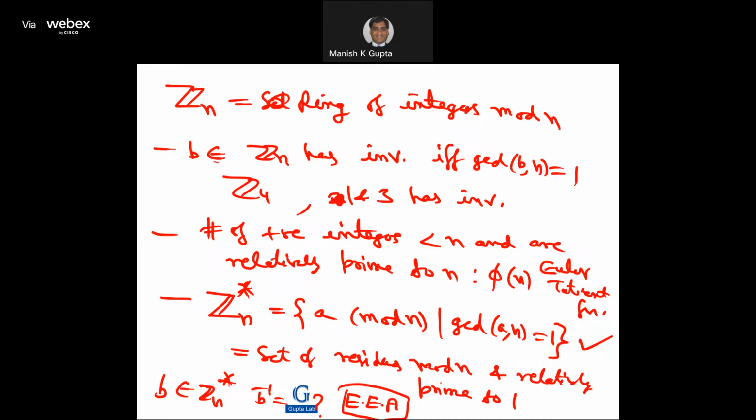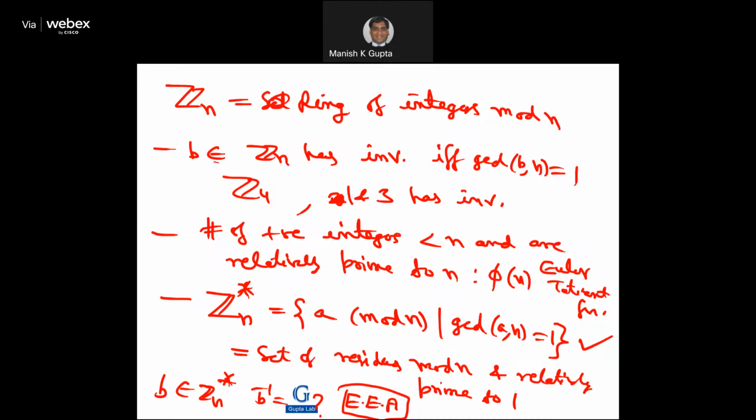As you know, this algebraic structure, integers modulo n, Zn, is a very interesting object. It is a field only if n is a prime number. In that case, every non-zero element has an inverse, right? In general, an element B in Zn has an inverse if and only if GCD of B and n is 1.